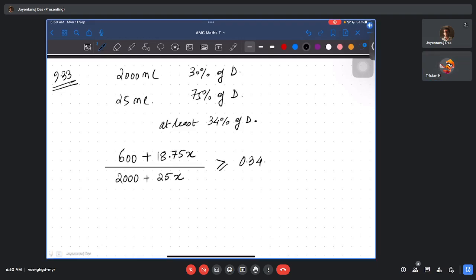Right. So 600 is 30% of 2,000, and 75% of 25 is 18.75. Okay, fine.